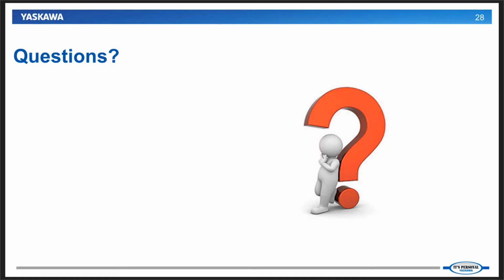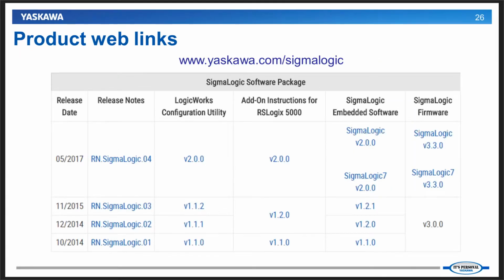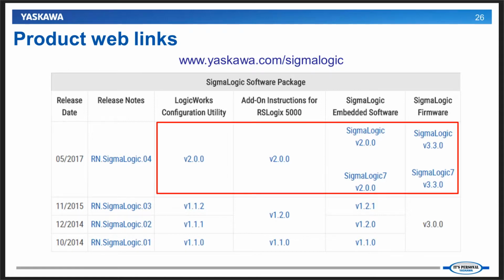Okay, one of the users wants to revisit the compatibility screen here. As I mentioned before, this page has all the utilities that you require for the SigmaLogic software package. I would like to emphasize again that if you use the Logicworks configuration utility, say version 2, you have to use the add-on instructions, SigmaLogic software, and SigmaLogic firmware all at the same version.